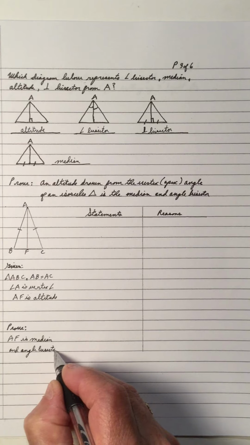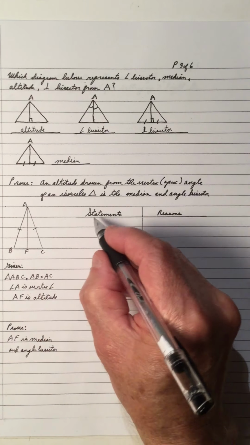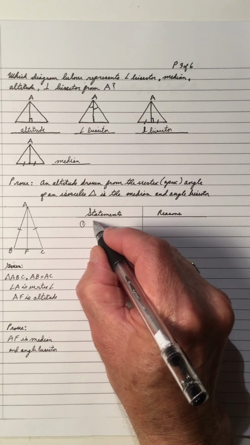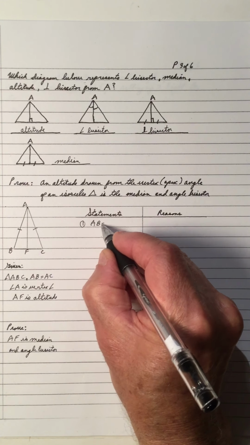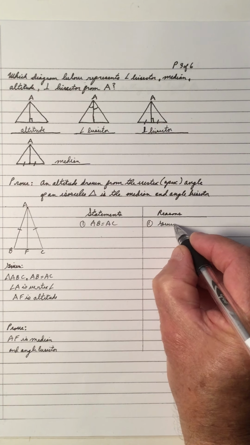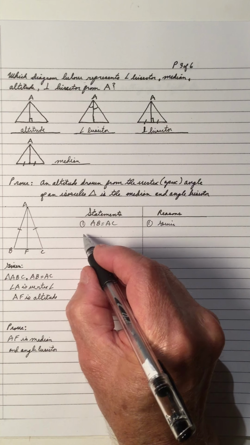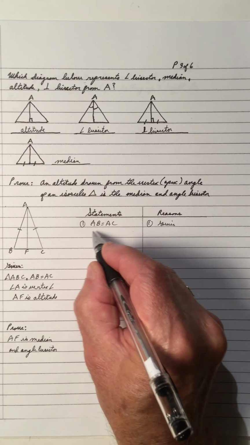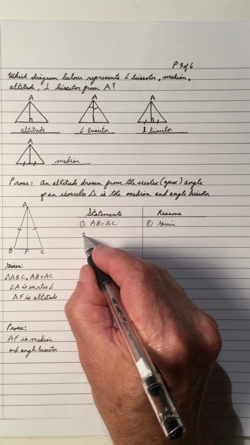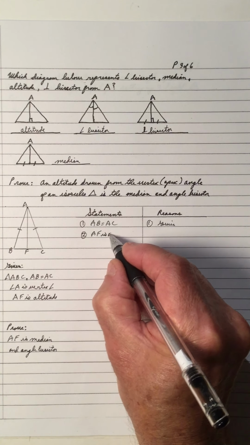So let's see what we can do. So we have two sides equal. So AB equals AC, given. I'm going to say that we have AF is an altitude.